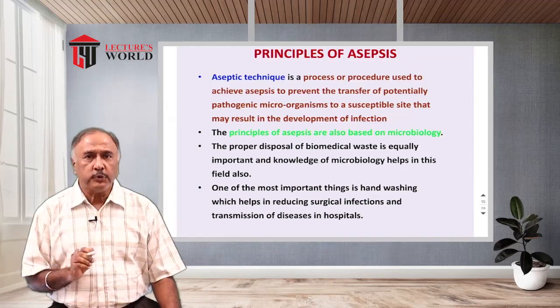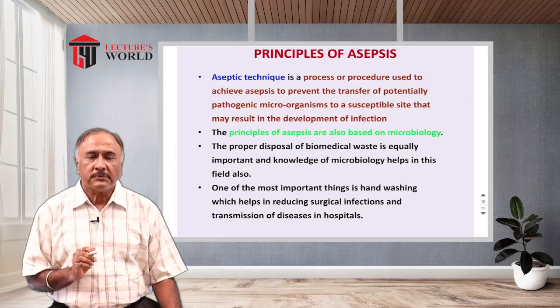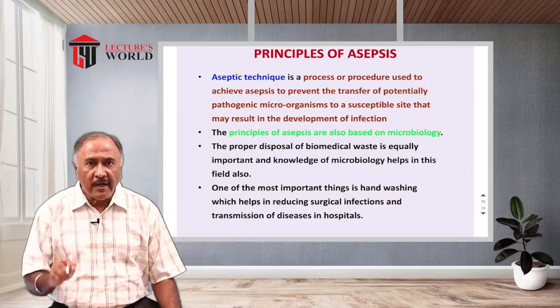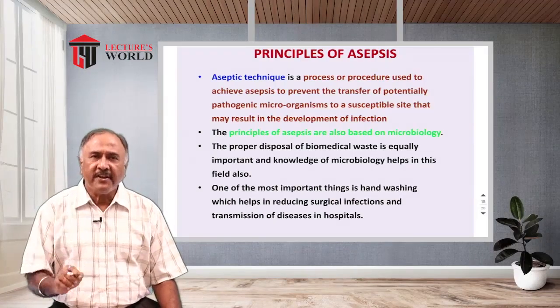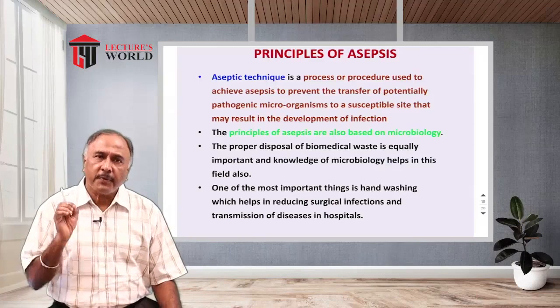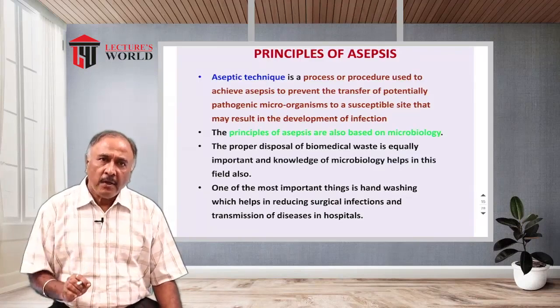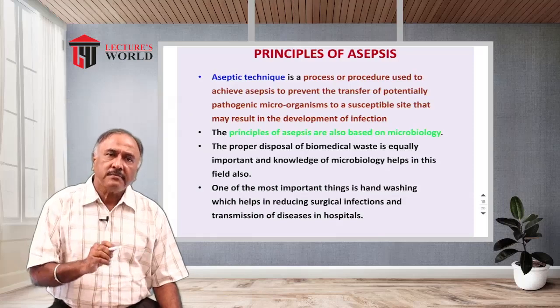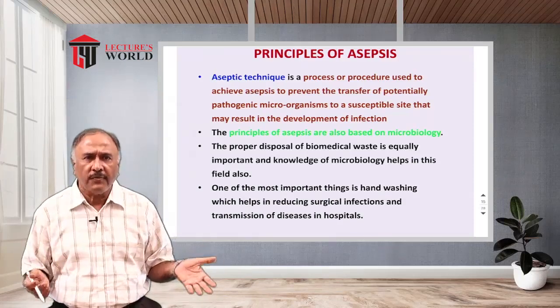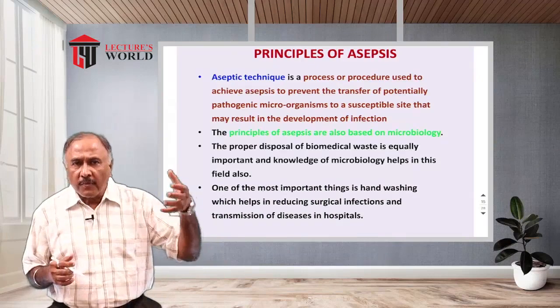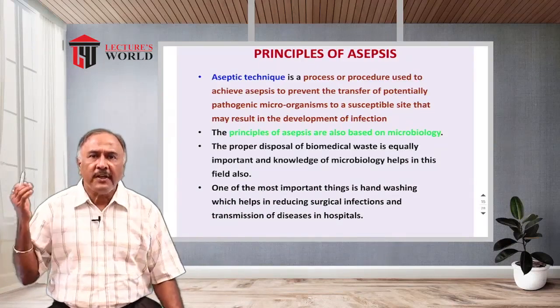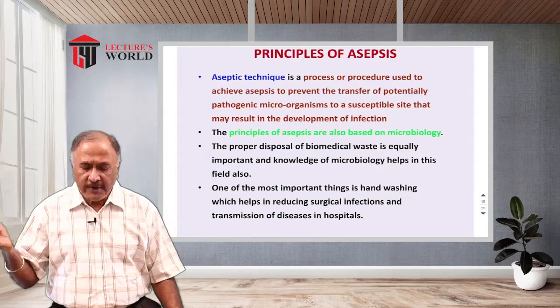This is due to the inappropriate handling of various things and procedures which are not done aseptically, so that the causative agent by various means will be transferred from the disease to potentially susceptible individuals.